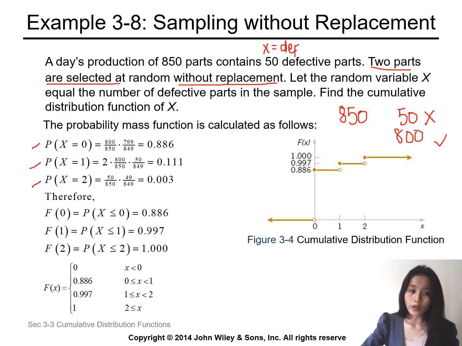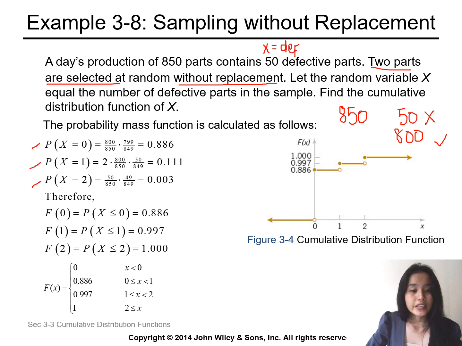So it is 800 over 850 for the first selection, because 800 are okay, over 850 the total parts, times 799 over 849 for the second, since this is sampling without replacement. The answer to that is 0.886.